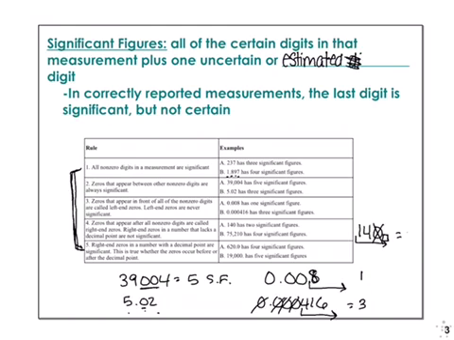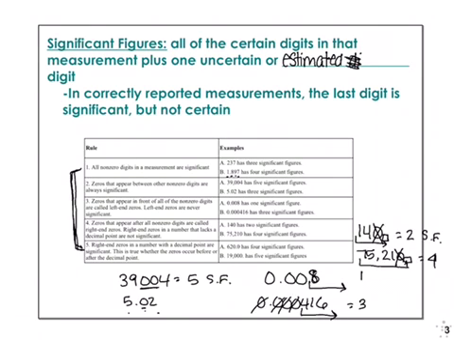So this 140 has only 2 significant figures. What's the other example? 75,210. Again, you can start at the first non-zero. When we get to this 0, you have to check for a decimal point. Since there is not a decimal point, that 0 cannot count. So then there would only be 4 significant figures here.